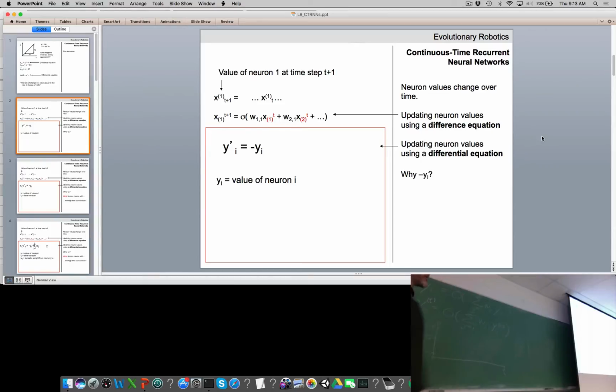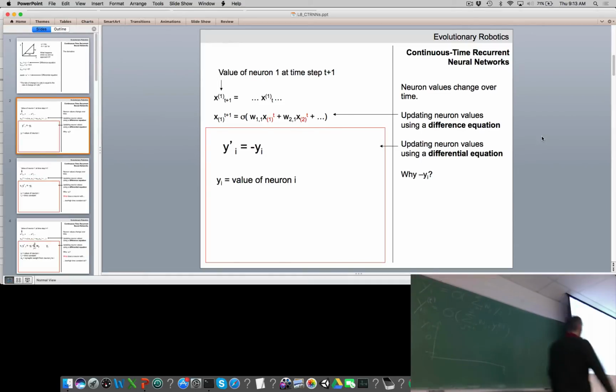We're just using this very simple equation which says the rate of change of y sub i is equal to the negative of its current value. Let's say we set the initial value of y sub i to 0. What happens over time? How does the value of this neuron change over time? It doesn't change over time, right?